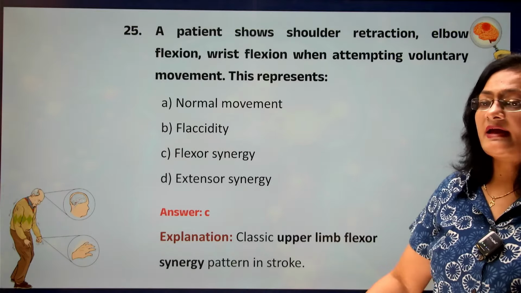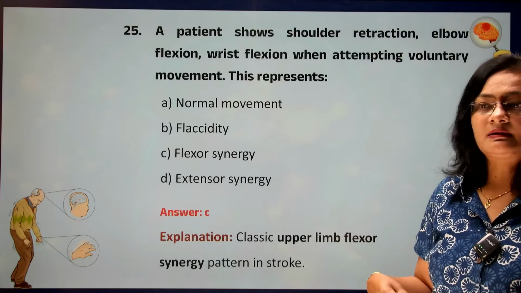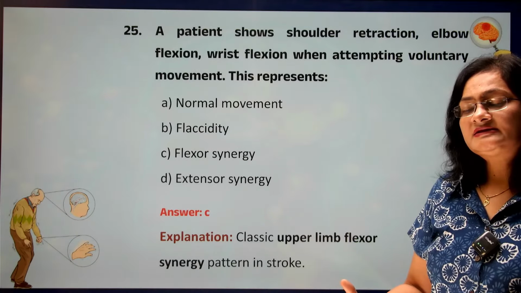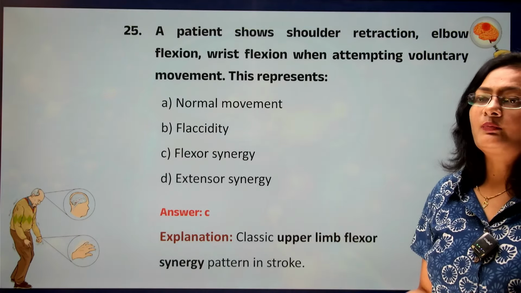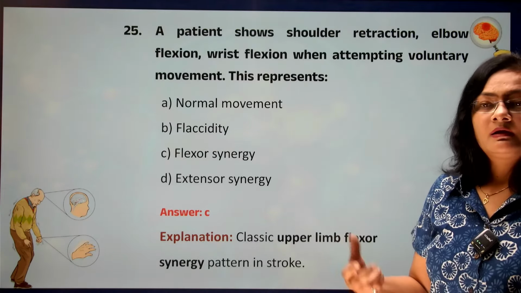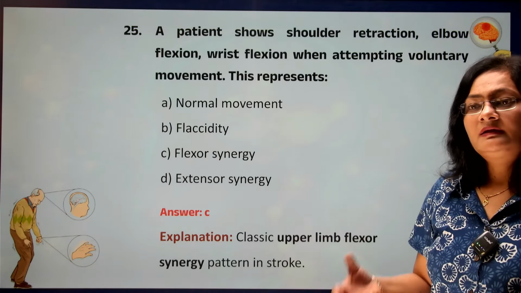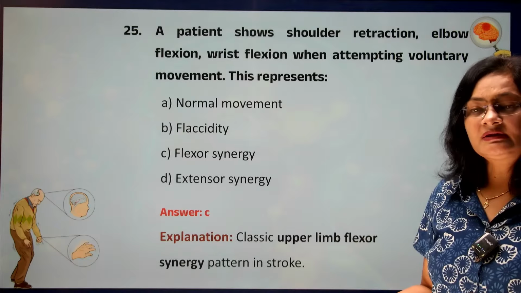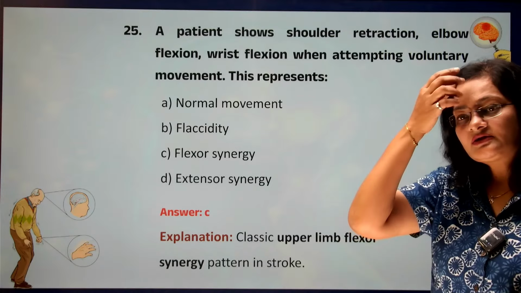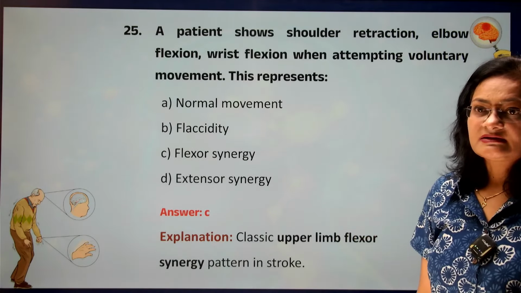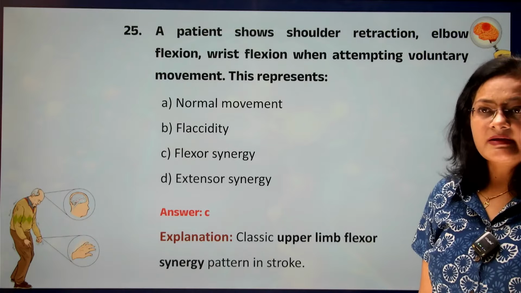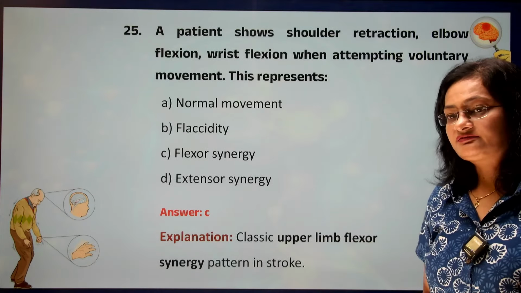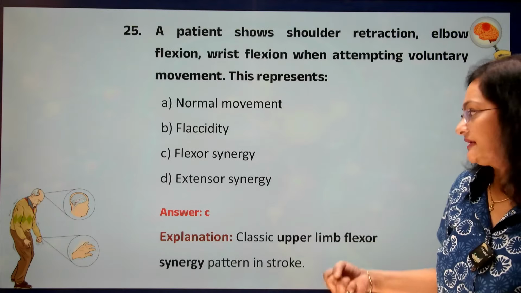These are components of flexor synergy. In presence of flaccidity, patient will not be able to perform any movement. If it is normal movement, then it will not produce elbow and wrist flexion. So we have two options: either flexor synergy or extensor synergy. Here the components resemble flexor synergy, as it is elbow flexion and wrist flexion. The answer will be C, flexor synergy.